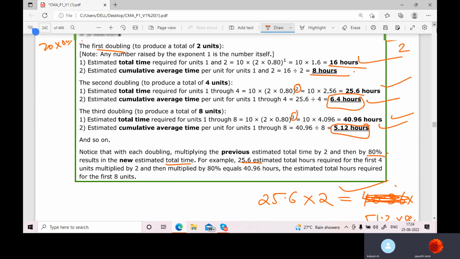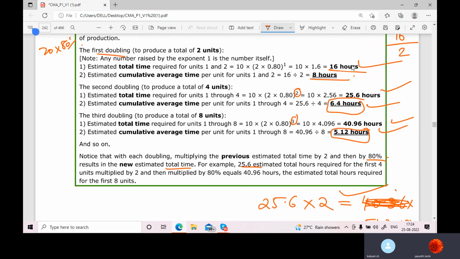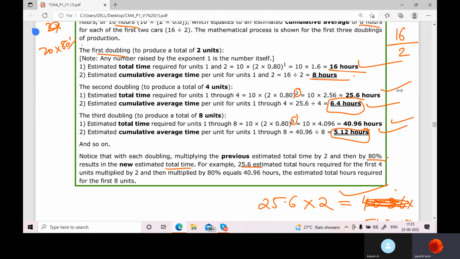Yes, sir. 40.96. Again, yes. And 32's 80% is how much, madam? 32 into 80%. 25.6. That's it. Okay.